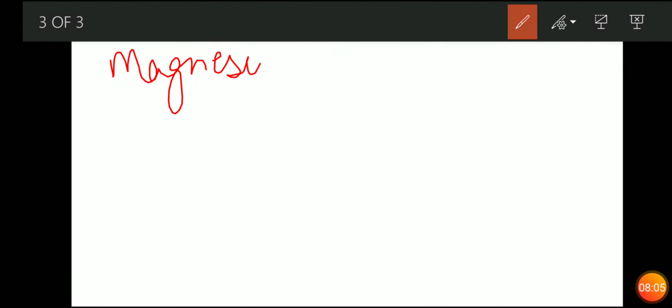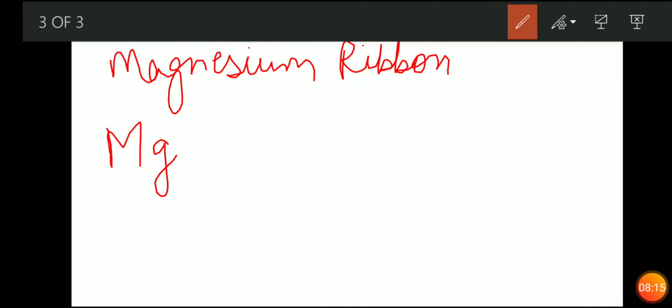Next is when you burn a magnesium ribbon. The symbol for magnesium is Mg, plus oxygen.